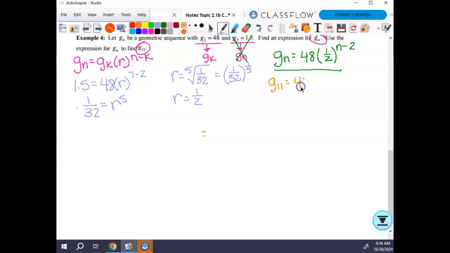That is 48 times 1/2 to the 11 minus 2 power. Can I multiply 48 by 1/2? No, I cannot. 11 minus 2 is 9. Taking 1/2 to the 9th power is not crazy bad either, but that probably would be a calculator question, so I'm just going to give that to you. That ends up being 3/32. Something you could totally figure out by hand.